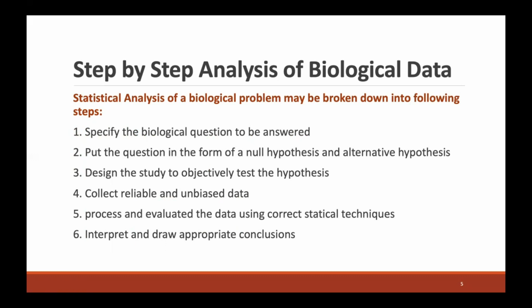To understand or get the study design, I suggest you discuss that issue with a biostatistician and get help from the biostatistician. Then you can process and evaluate the data once you collect it and apply the correct statistical techniques to the data. Once you get the results, you can interpret and draw the appropriate conclusions based on the results.